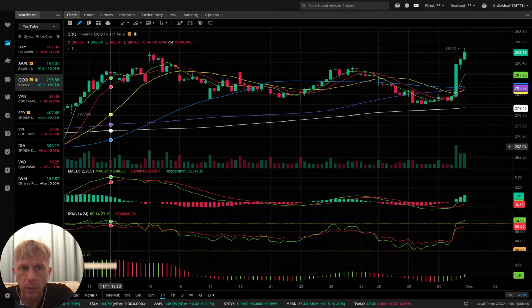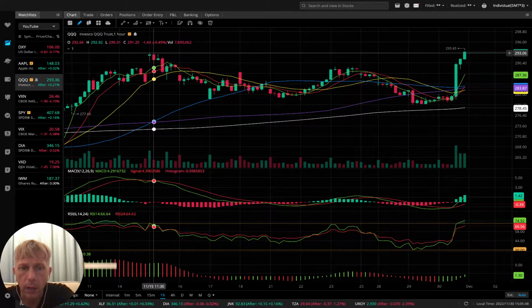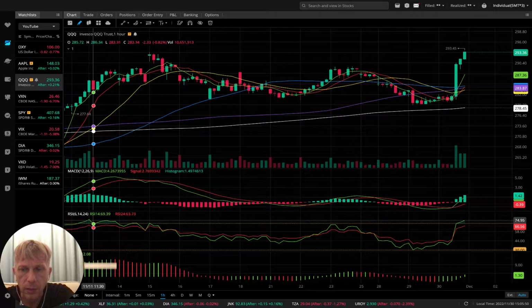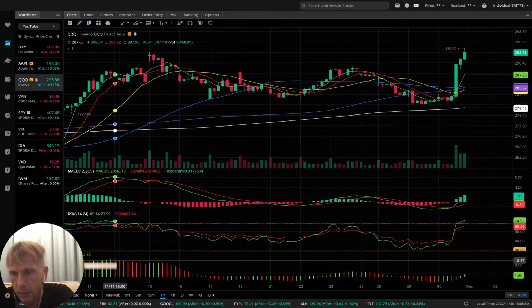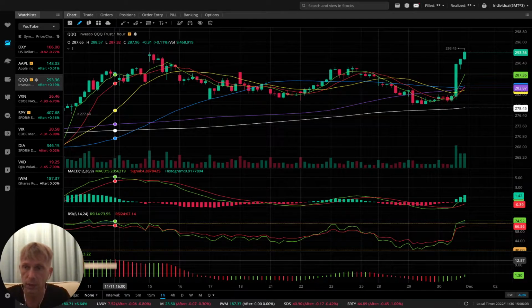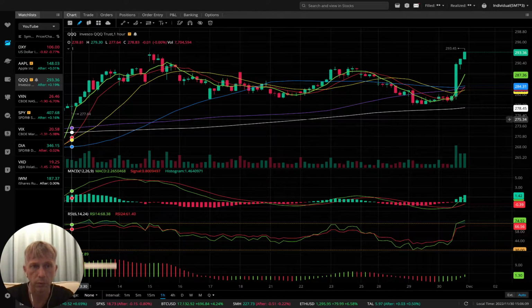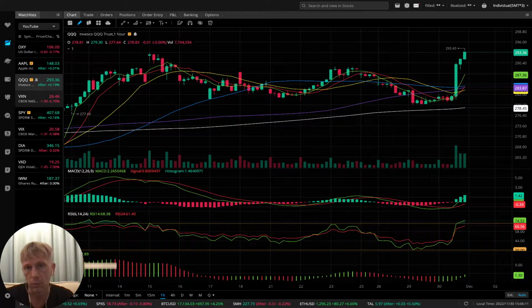New high, still has bearish divergence on MACD, on RSI, and also the oscillator. Nothing critically changed. Still bearish divergences on all indicators and on all time frames for Qs. Qs wants to go bearish.